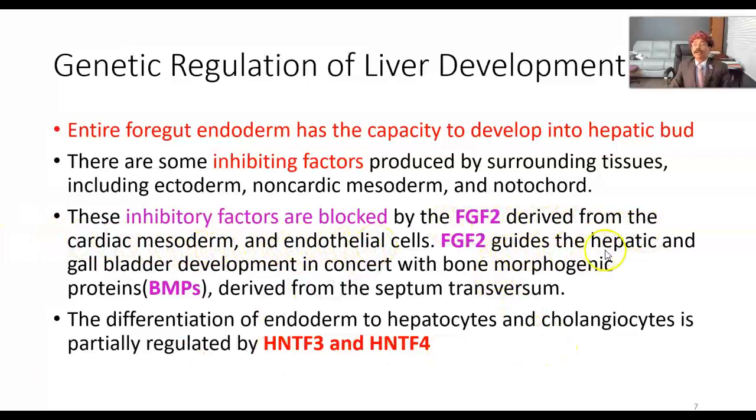FGF2 guides the hepatic and the gallbladder development in concert with bone morphogenic protein BMP derived from the septum transversum.